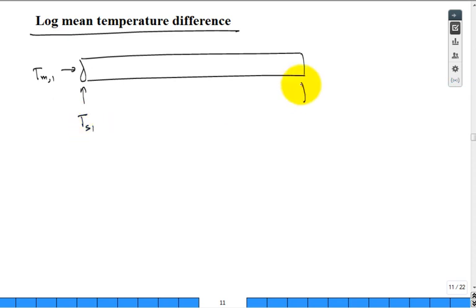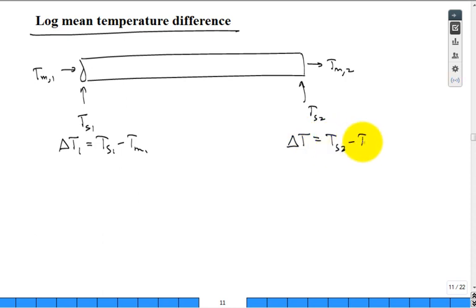And over here you have the temperature of the surface at 2, and you have the Tm out at 2. What you could talk about is you could talk about the delta T on one end, Ts1 minus Tm1. And you could talk about the delta T at the other end, Ts2 minus Tm2.